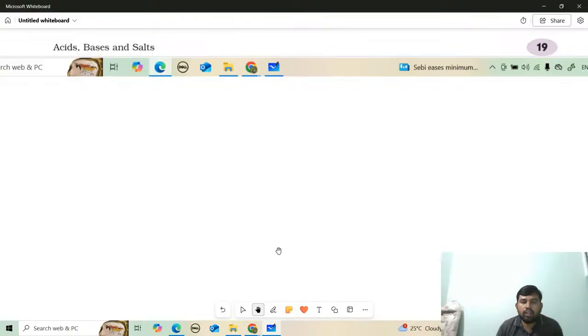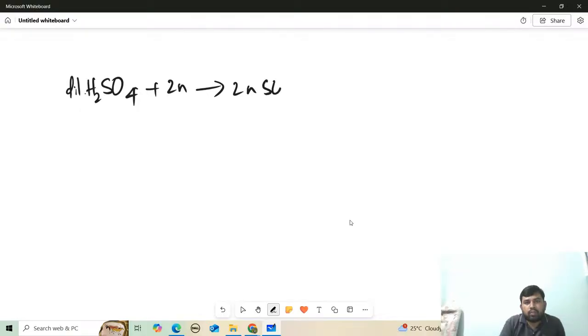A very important thing here, you try to understand. They have taken dilute sulfuric acid, so let me write H2SO4 plus Zn gives rise to ZnSO4 plus hydrogen gas.